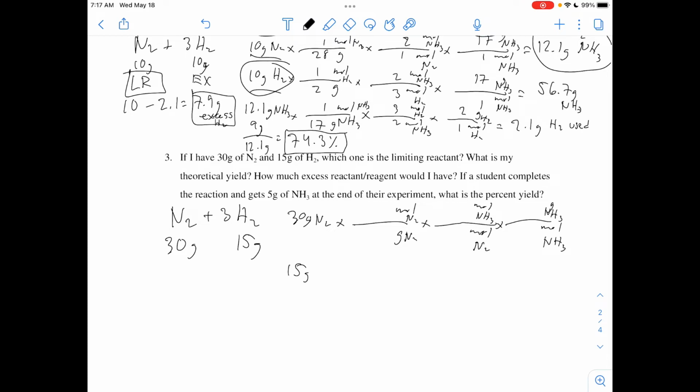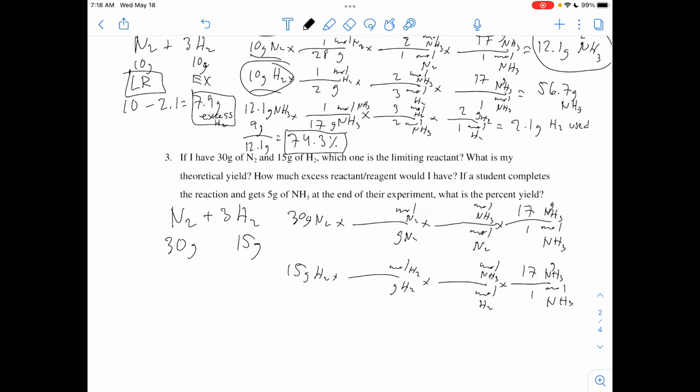And then I'm also on 15 grams of H2, turn it into NH3. Moles of H2, moles of NH3. Remember that the unit that you want goes on top for these kind of problems. So eventually I want to end up with grams of NH3.